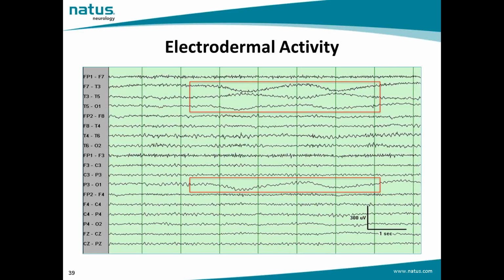In addition, sweat gland activity produces slowly changing electrical potentials that are recorded by the electrodes. Perspiration artifact almost always appears in more than one channel. For instance, in this example, we can identify the artifact at T3 and O1.